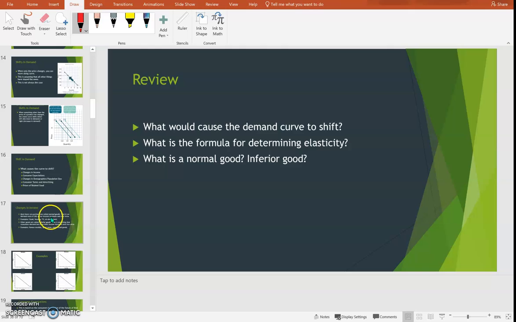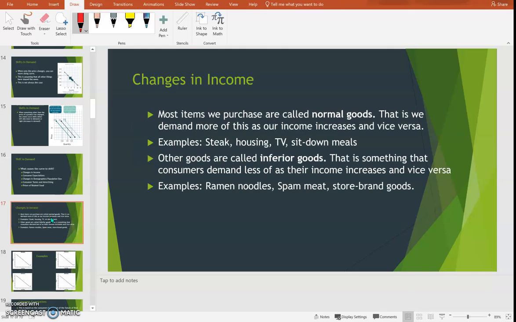Those items like red meat, if I have more money, I'm going to want to splurge a little bit, okay? But for inferior goods, if I have less money, then I buy more of these goods, like ramen noodle. Alternatively, if I have more money, inferior goods, I buy less of because I don't want to keep eating ramen noodles. I want better food, okay?